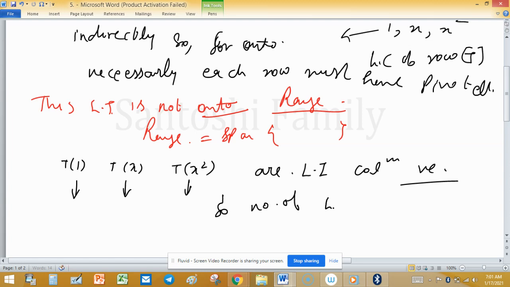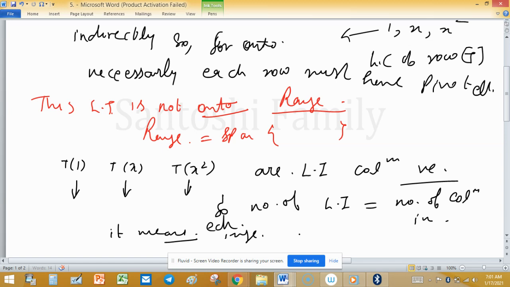The number of linearly independent column vectors is equal to the number of columns in the matrix. It means each image is a linear combination of these linearly independent column vectors.